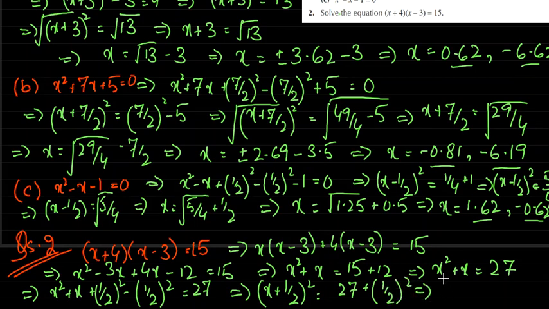If we take square root on both sides, it becomes x plus 1 by 2 is equal to the root of 27 plus 0.5 whole square, under root.